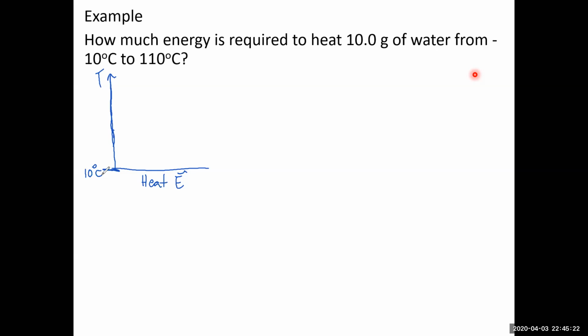And at 10 degrees Celsius, remember, anything between 0 degrees Celsius and 100 degrees Celsius, we are at the liquid state. So we're starting off at just the liquid state. Then we reach 0 degrees Celsius. And at this point, the temperature stays consistent as we're adding more and more heat energy. During this time, our liquid state is converting into a gas state.